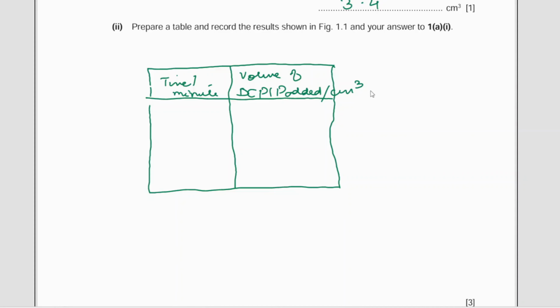I have written it outside the box, but it should be inside. Make a bigger box or make your font smaller. Okay, let's say 1 minute, 2 minute. Oh, sorry, I'm writing minute again. Wait, one, two. You don't have to rewrite the minute unit over here. Two, three, four, and five.